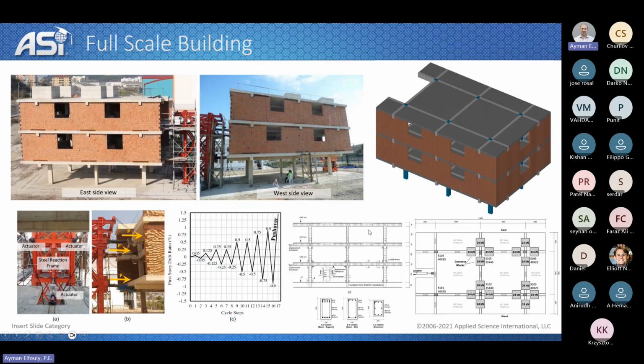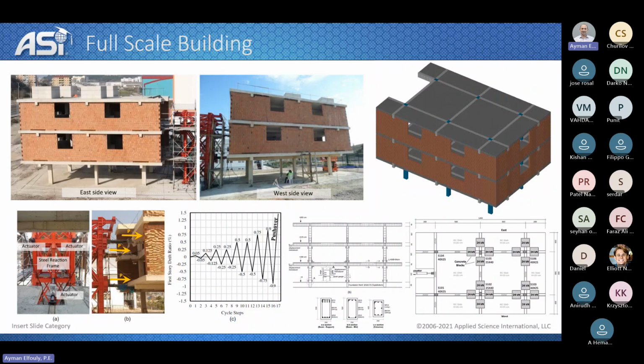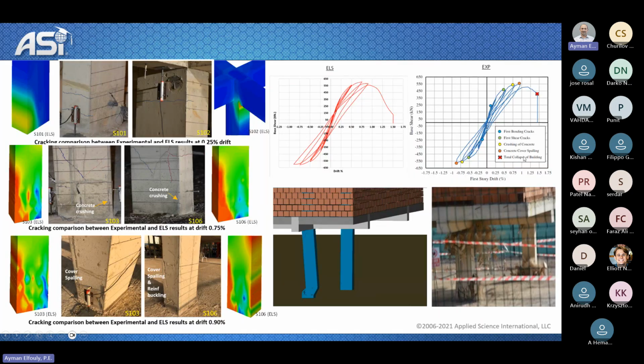So in this example, actually they did two tests. One building on the left hand side, which is the building without any retrofit, and another building on the right hand side, which has FRP wrapped around the columns at the bottom floor. So let's go ahead here and I'm going to show the analysis results.